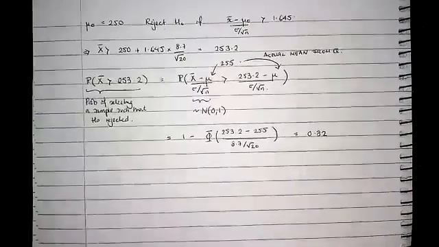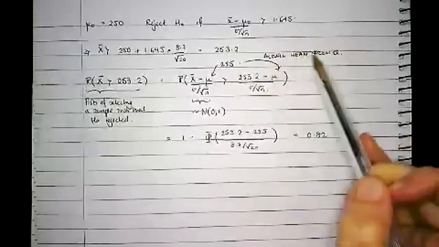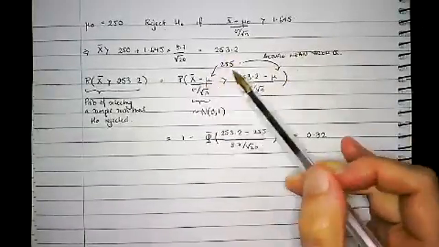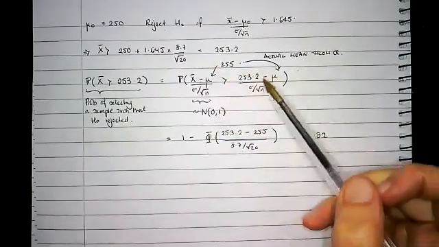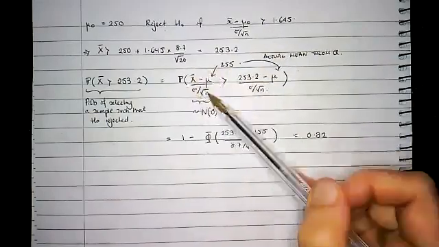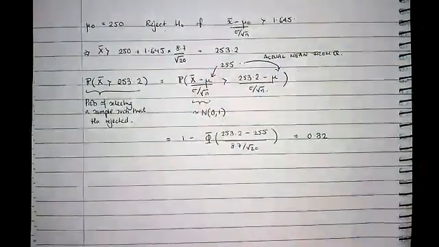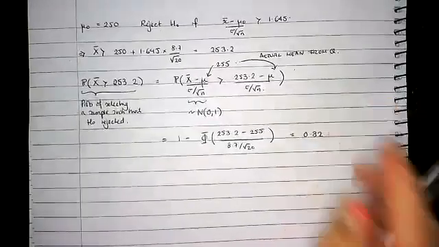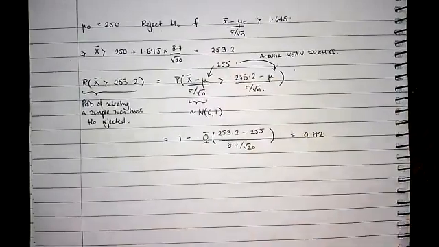So what I'm actually finding is that if the actual value of the mean is 255 rather than 250, then I'm actually going to get a Z out 82% of the time, such that I can't dispute the company's claim that it's actually 250. So it's quite difficult, really, for me to tell the difference between what's happening in those cases.